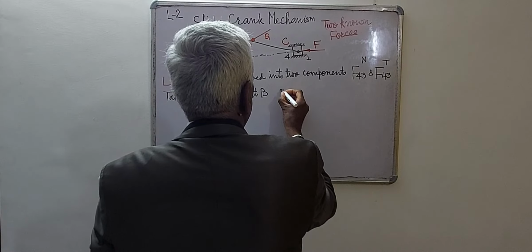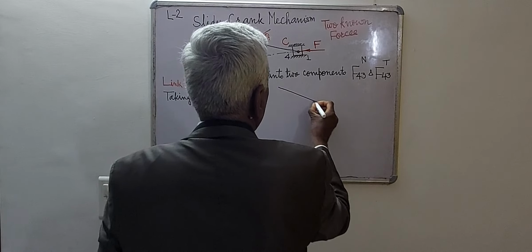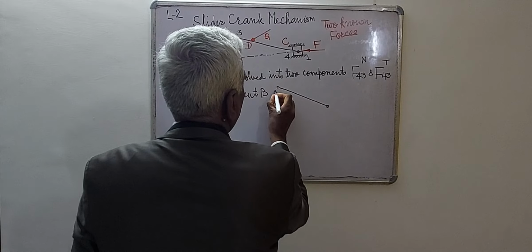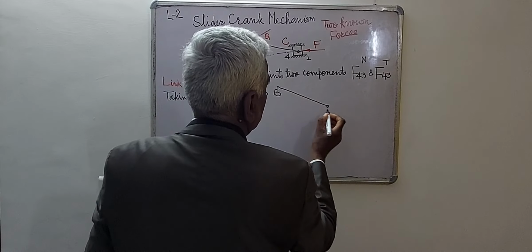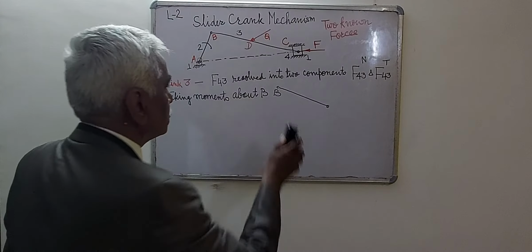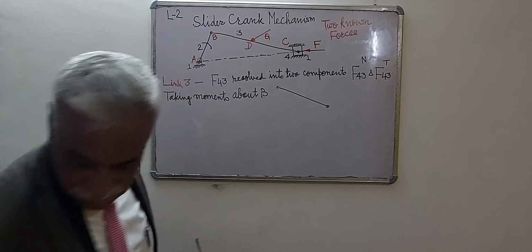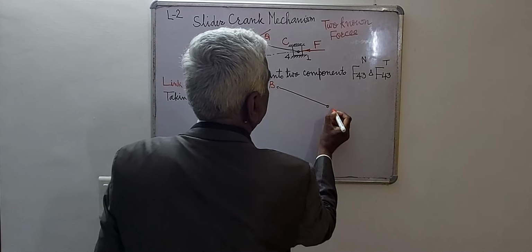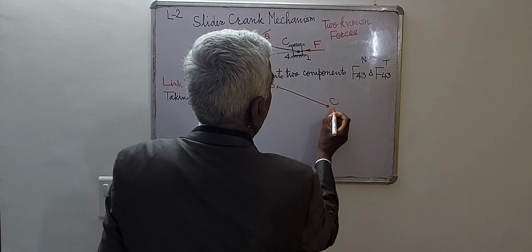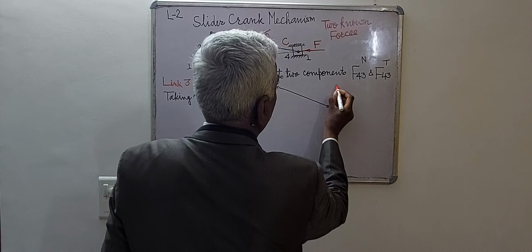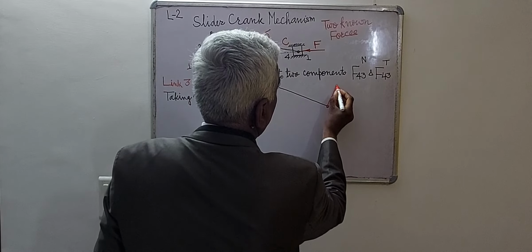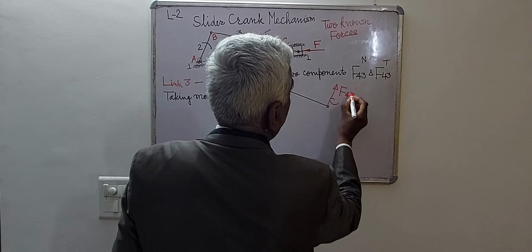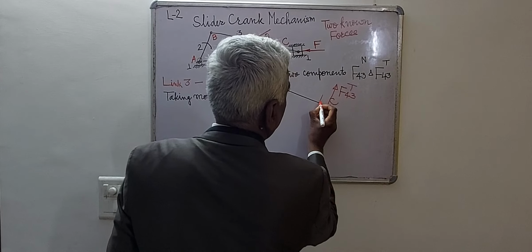This is link number 3. The line parallel to BC is drawn. This is BC. It will be B and it will be C. One component will be perpendicular to the line, that is F43T. It is perpendicular to this line.